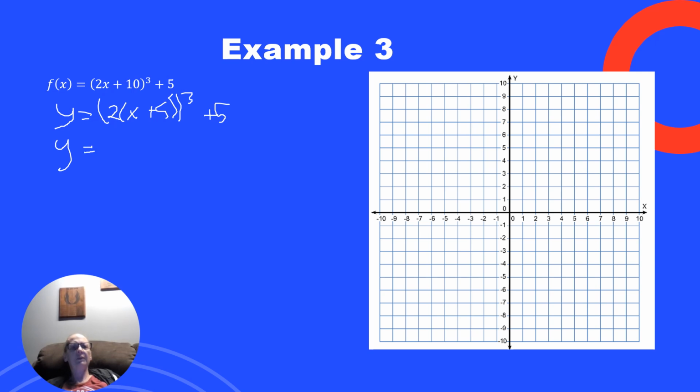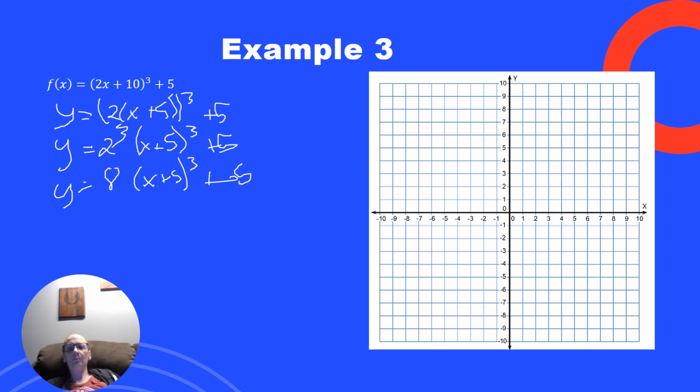So we have 2 to the third power times (x plus 5) to the third power plus 5. So 2 to the third power is 8. This is going to be big, because that 8 is going to make things really big.